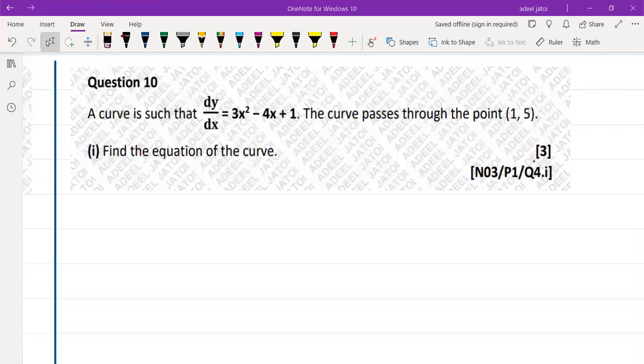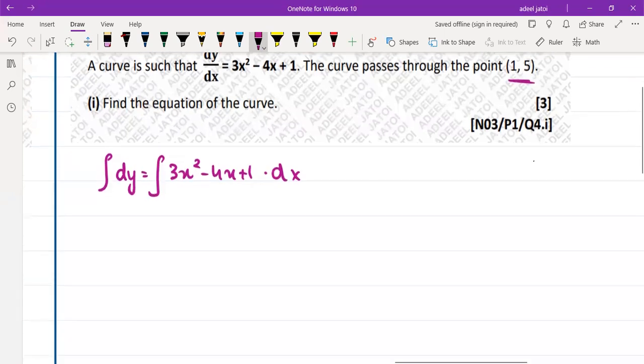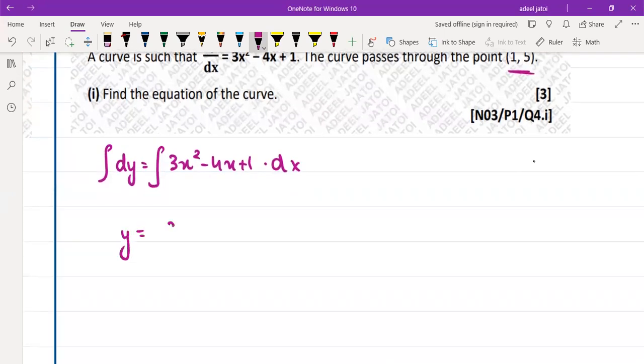So here's another question. The question says the curve is such that dy upon dx is 3x square minus 4x plus 1, so y is equal to the integration of 3x square minus 4x plus 1, dx. The curve passes through the point (1, 5). Find the equation of the curve. If we integrate this, it should be 3x cube upon 3 minus 4x square upon 2 plus x plus c.